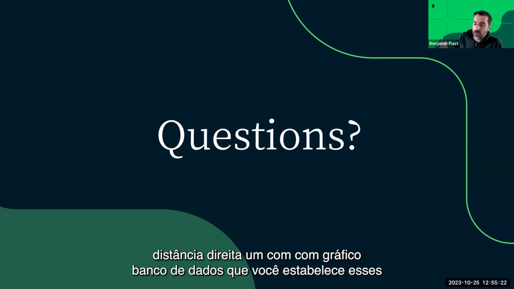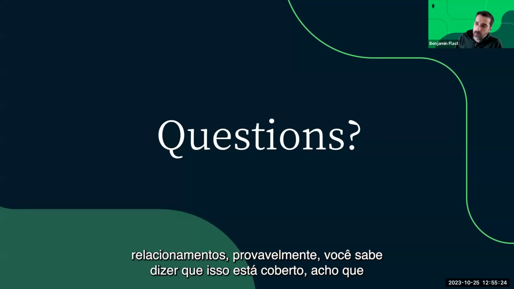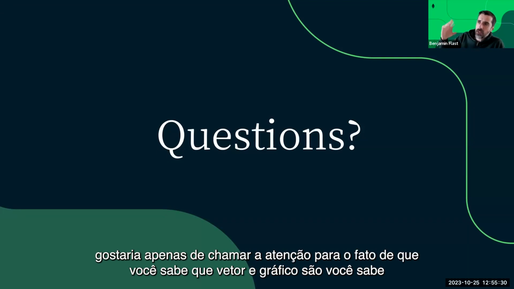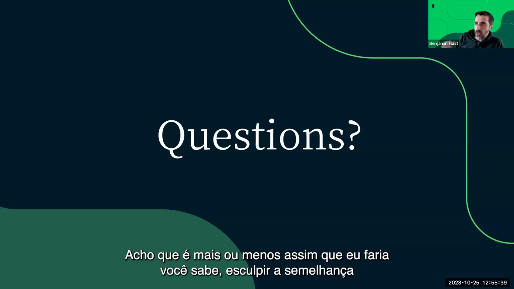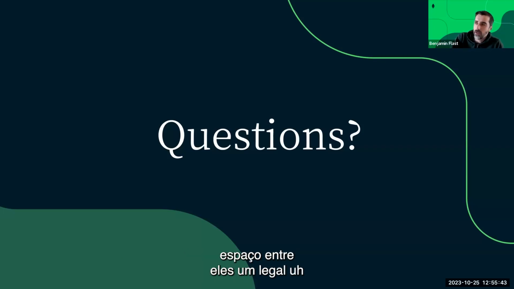With graph databases, you need to establish those relationships. I'll probably say that that's about covered. I do want to call out that vector and graph are independent or orthogonal. But within the context of this question, I think that's how I would carve out the similarity space between them. Cool.